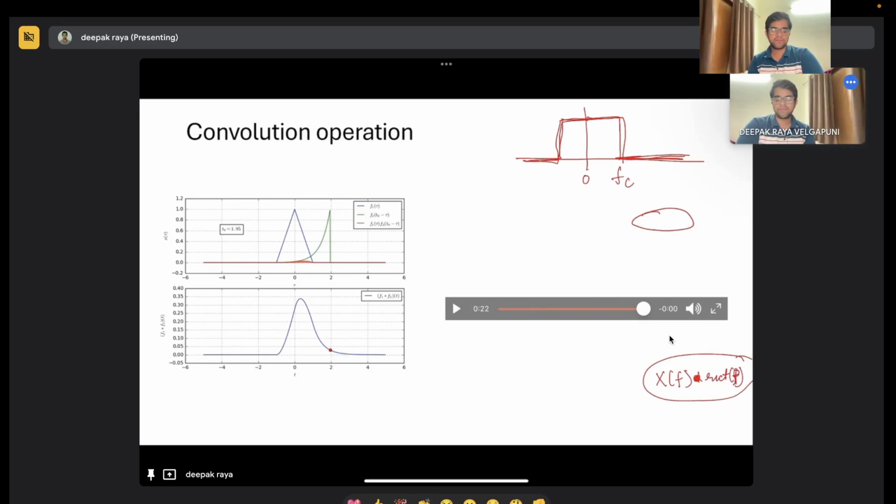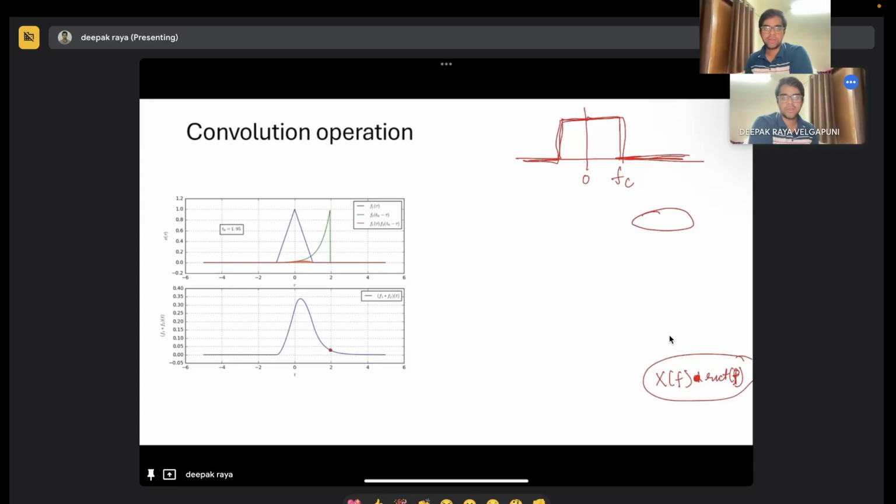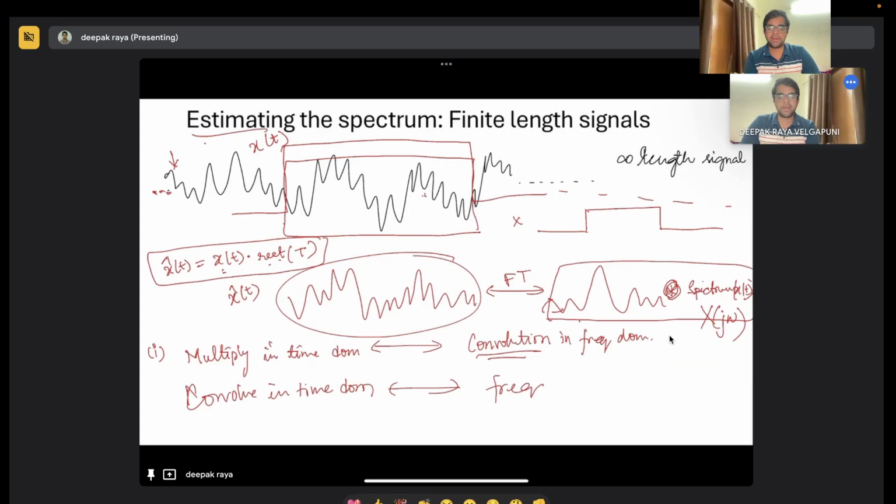And here we have seen previously, if you multiply a signal with a rectangle, it is nothing but convolution of the spectrum of the signal with a sinc function, because sinc is the Fourier transform of a rectangle. So is this clear, and why we call it estimating spectrum, and what is the convolution operation? Cool.